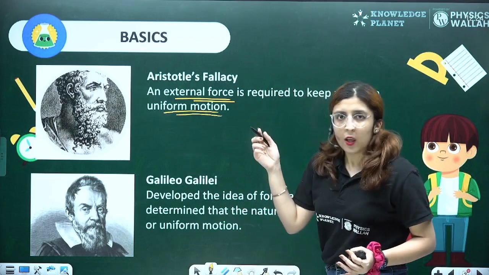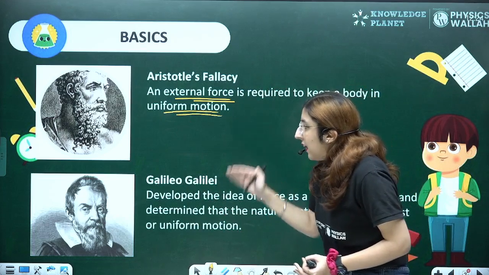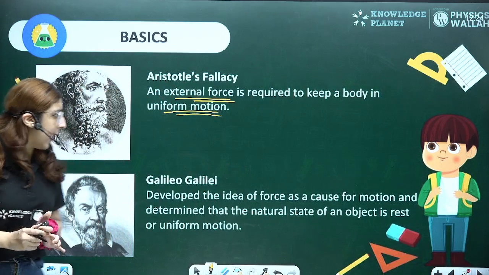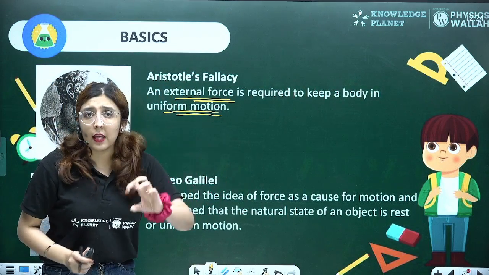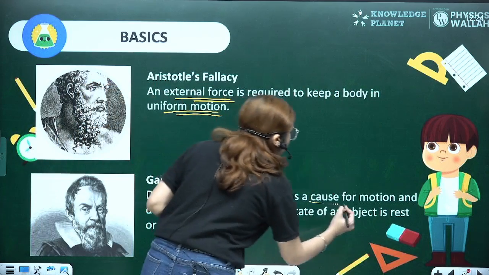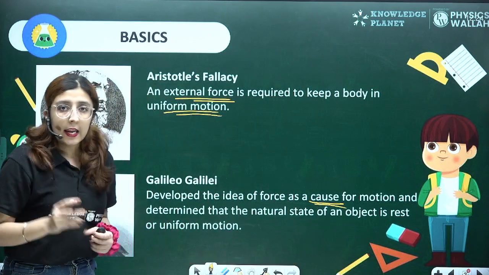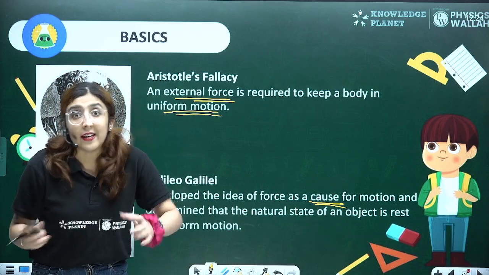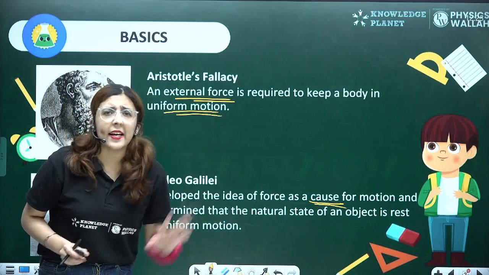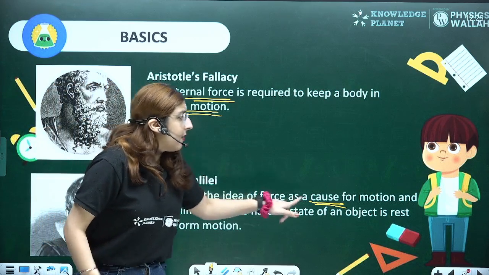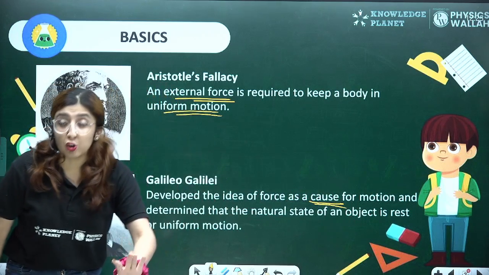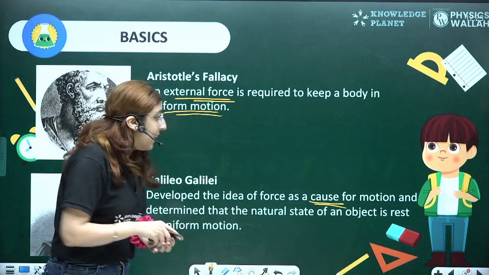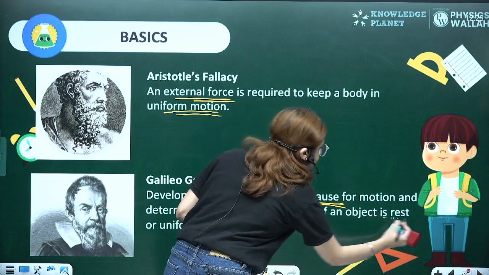Right? Now, after Aristotle, Galileo developed the idea and he said that okay, the idea of force is nothing but a cause of motion. So, he was very close, although he skipped some of the points that Newton specified, but he stated that force is a cause for motion, and determined that the natural state of an object is either rest or motion.